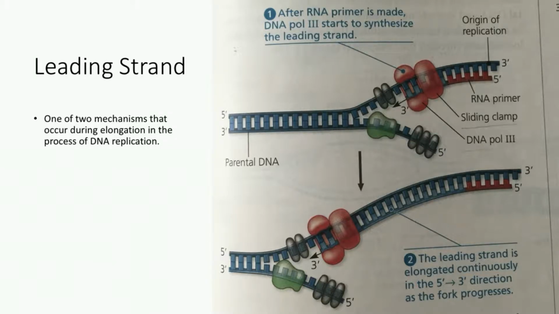DNA polymerase remains in the same replication fork with that template strand, and with the help of a protein called sliding clamp, it can move along the template and keep adding nucleotides as the fork progresses.